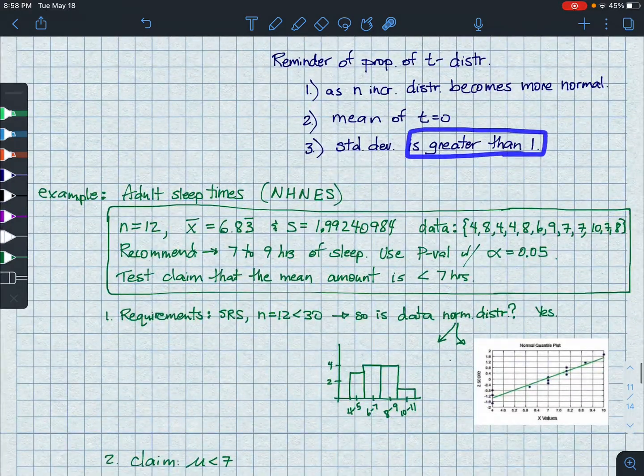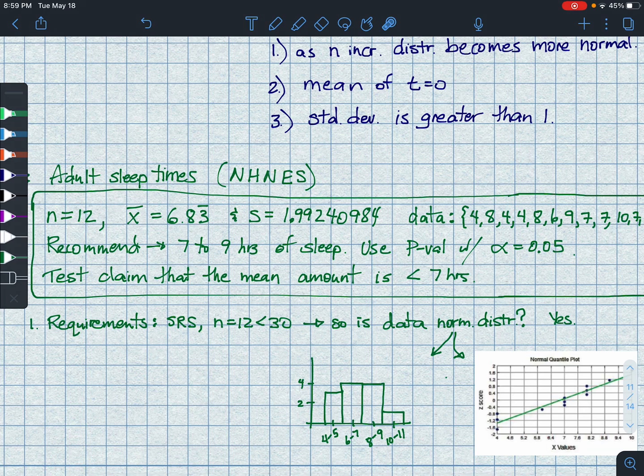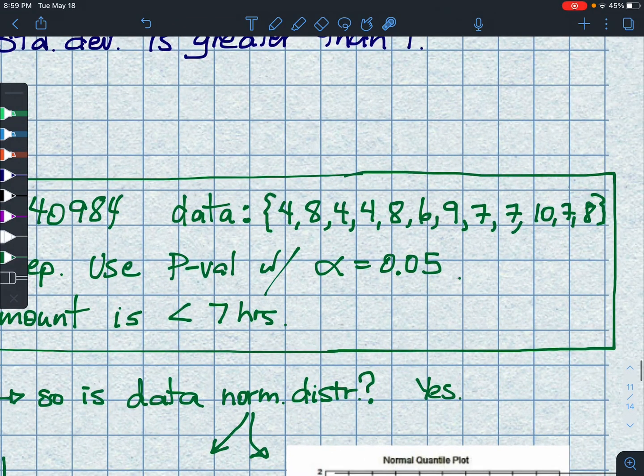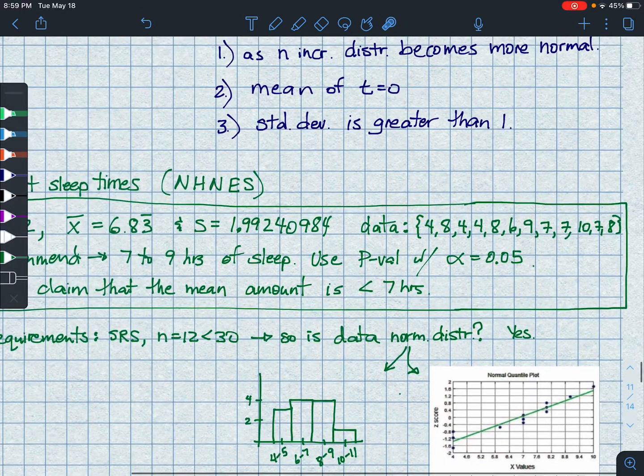All right, here's our problem. It's adult sleep times. So we have a very small sample, n equals 12. We are given a data set of 12 individuals' sleep hours. And so we have our sample mean and we have our sample standard deviation.